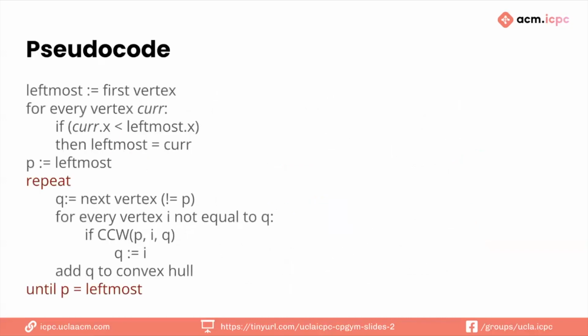Here I have just a short pseudocode of how it works. Essentially, that's what I just said. The first loop is just to find the leftmost point. You just traverse it linearly.